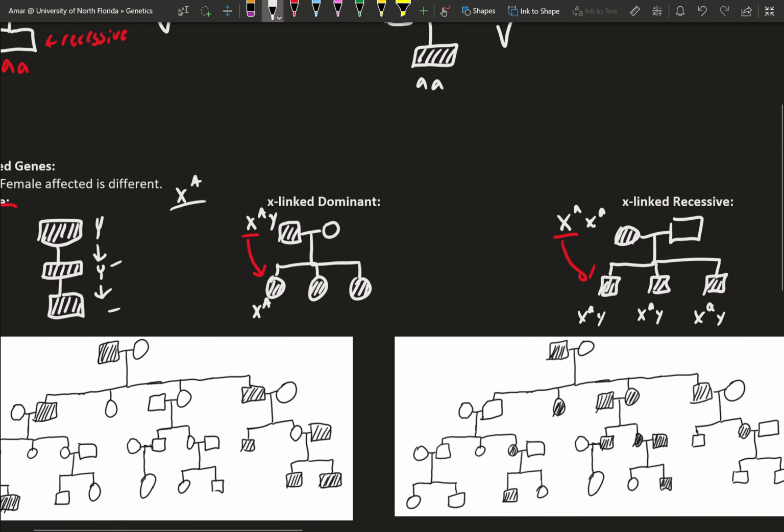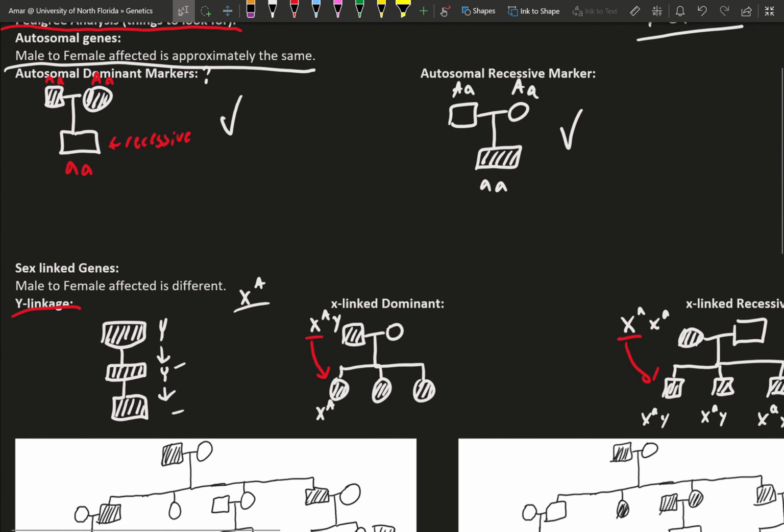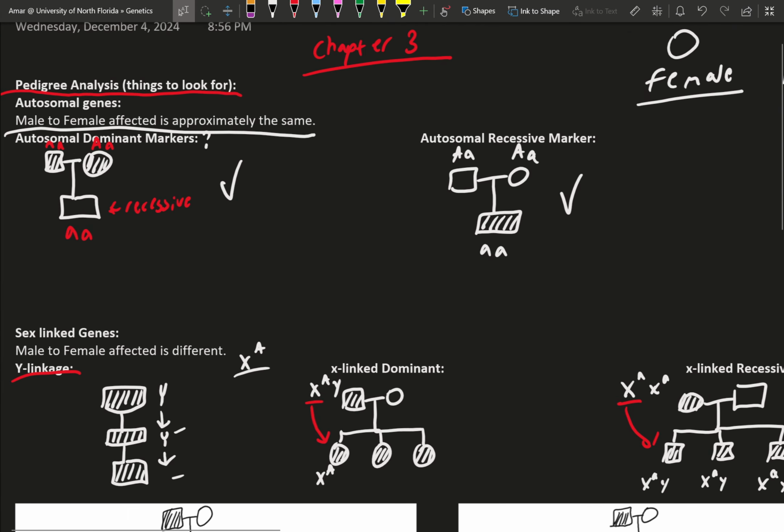Cool. And that's basically what you can use to figure out if a particular trait is one of these things that you're looking for. Just to note also, in autosomal dominance, you're going to see something like all offspring having an affected parent.